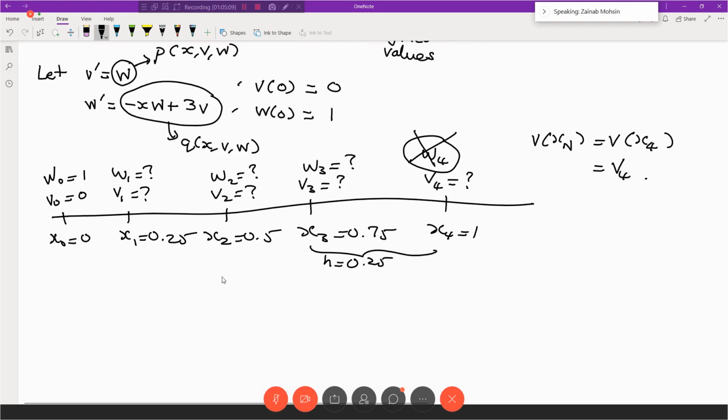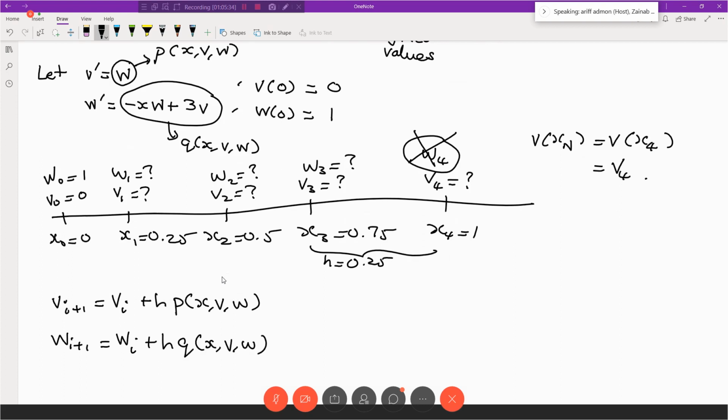So now once again write the formula. Since we are solving, V(i+1) equals Vi plus h times P(xi, Vi, Wi), and W(i+1) equals Wi plus h times Q(xi, Vi, Wi).